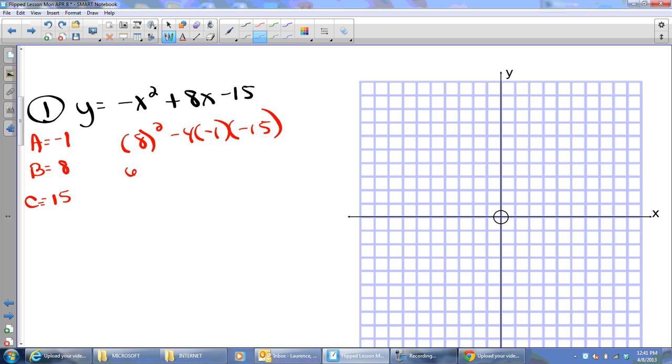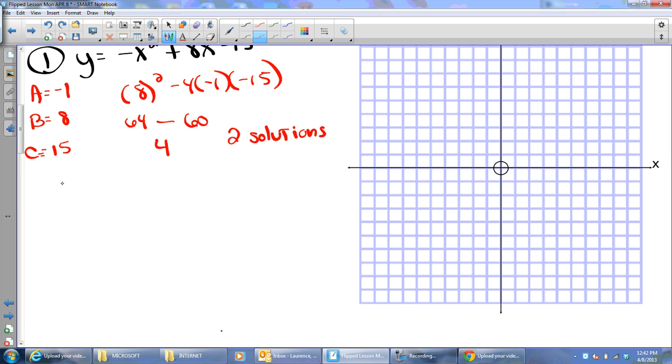All right, I'm going to get 64. And those three negatives there are going to make a negative, and 4 times 1 times 15 should be 60. So my discriminant is 4, so there's going to be two solutions. All right, so since there's two solutions, I'm going to note that the parabola will cross the x-axis twice.